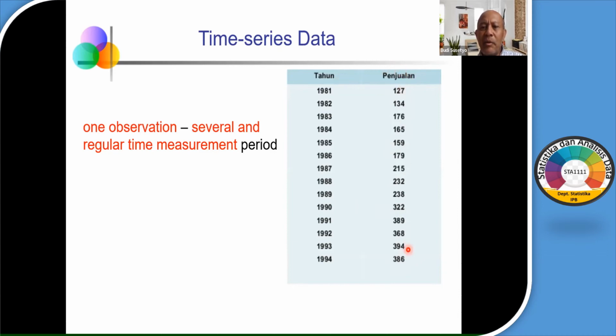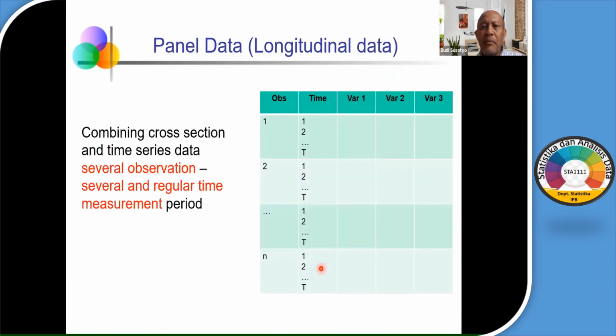Actually, this is from one firm, for example, and this is the year. This is different from panel data, where this is observation or individual 1, with time 1, 2, 3, 4 until T. This is individual 2, with time 1, 2, 3.